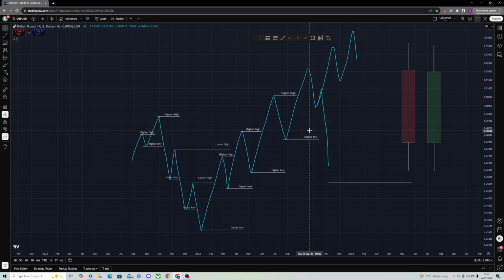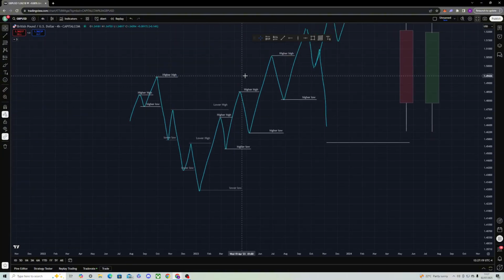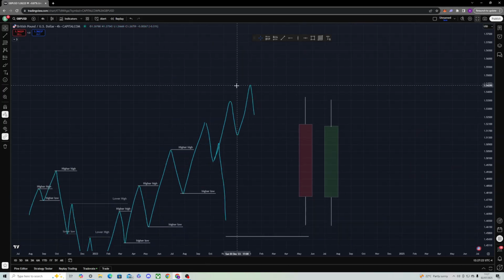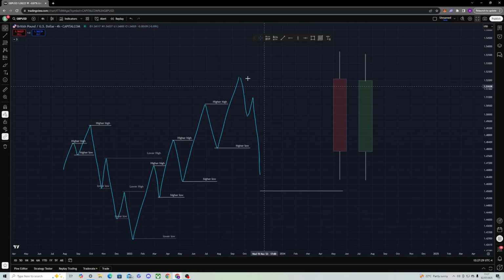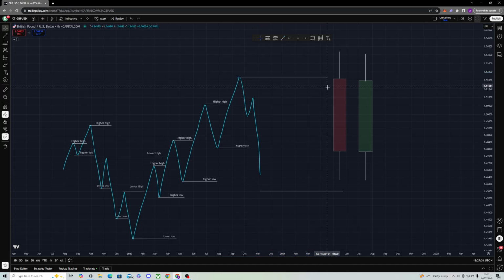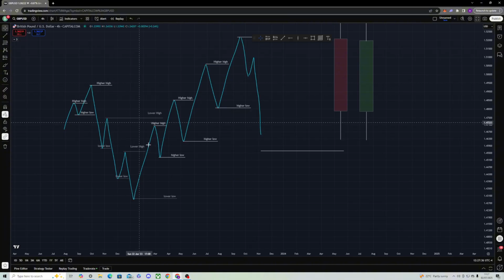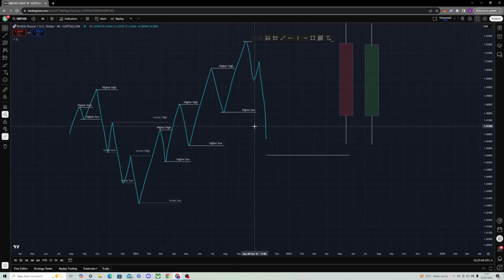So for example, this is an external high, this is an external low, and if this went lower, this would be an external high. Do you get what I'm saying? External, external, external. They're the bigger picture when you look at it from a bigger picture. And then the internal are the smaller ones in between.